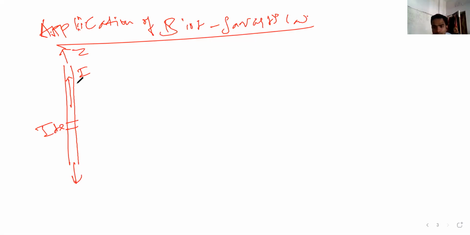Then we wish to find H at any general point. Suppose I am interested in finding H at this point.